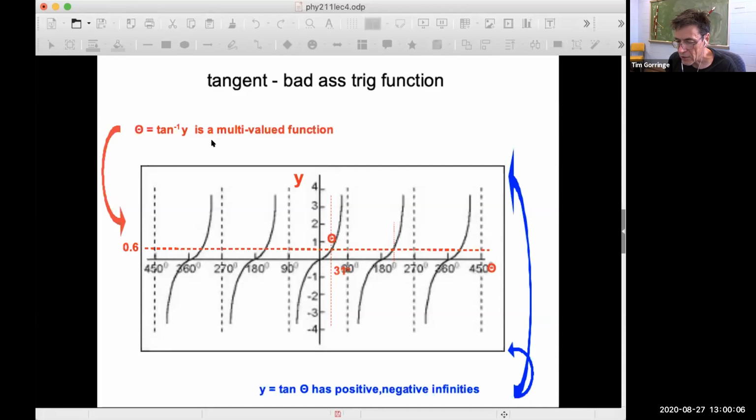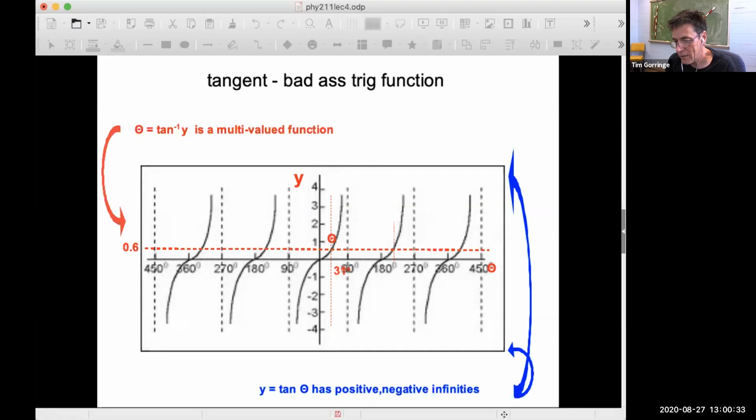Okay, I should say a few words about tangent, because we were using tangent in the last slide, and we'll use it in later slides. If I think of the trigonometric functions, sine, cosine, and tan, I think of them like a little family.